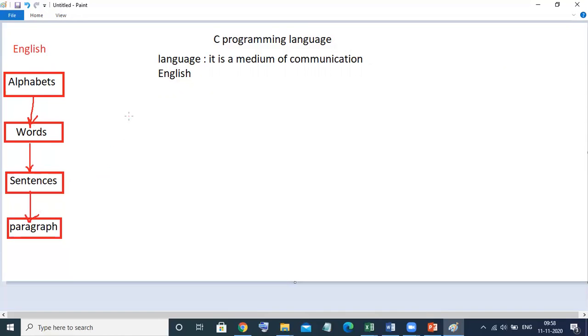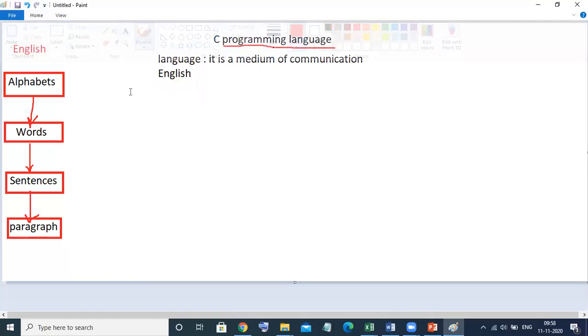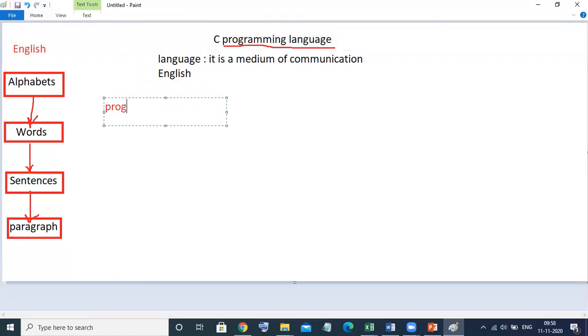So exactly here also, whenever I want to learn a programming language, first of all we should know what exactly we mean by a programming language. Language, I hope you are clear, is a medium of communication.